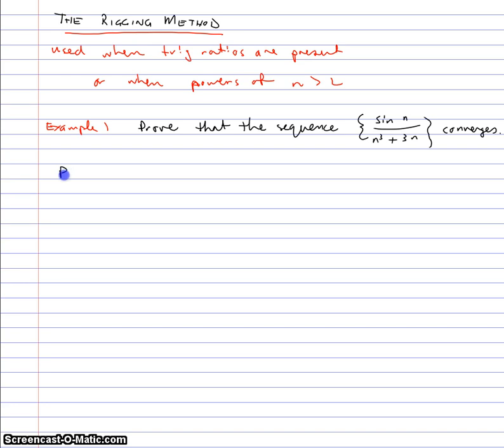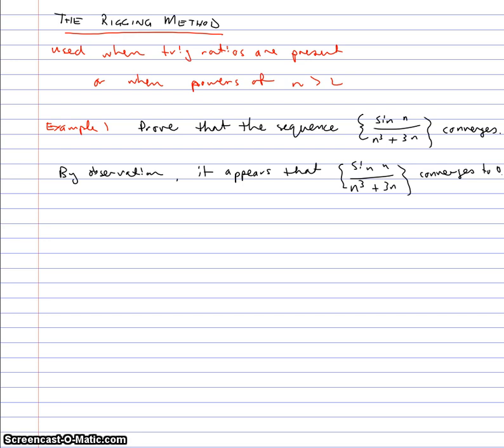Now, by observation, it appears that the sequence sine n over n cubed plus 3n, okay, it appears that that sequence converges to 0. How do we know?